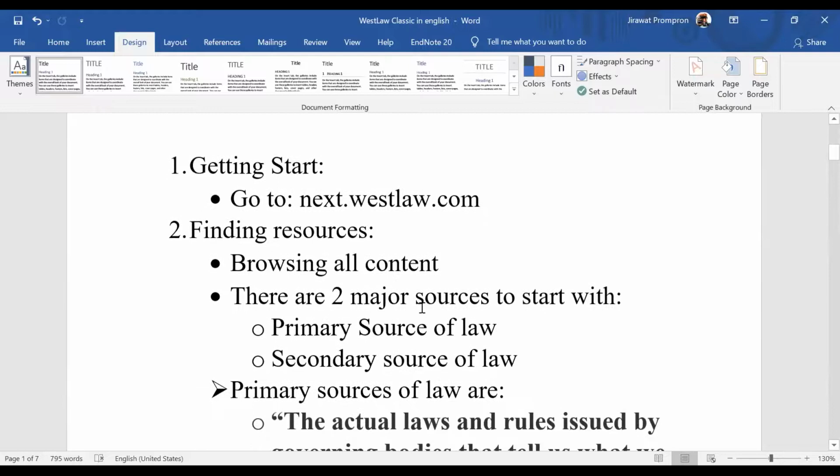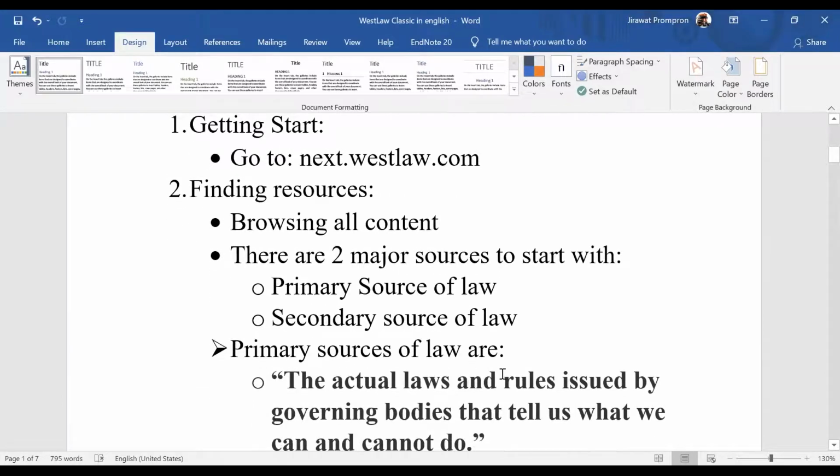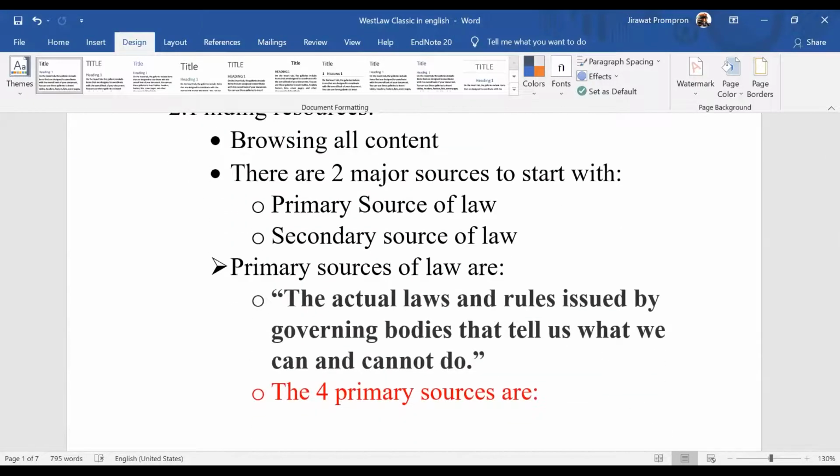And back to the source again, there are only two major sources to start with. The primary source of law and the secondary source of law. For the primary source of law, you just think about what they tell you that you can do and what you cannot do.